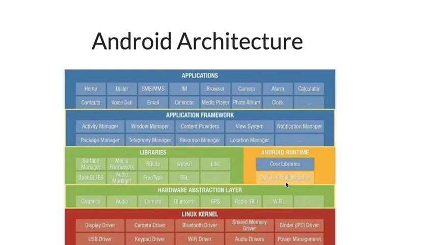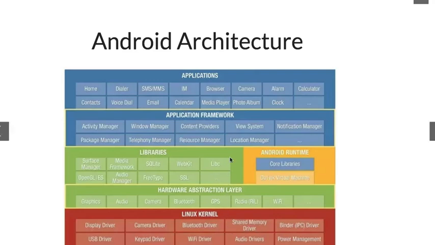These libraries are written in C and C++, and these capabilities are exposed to our application through an API that we can access to interact with hardware or some Linux or kernel capabilities.